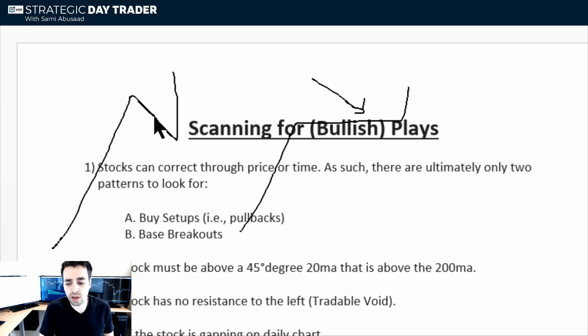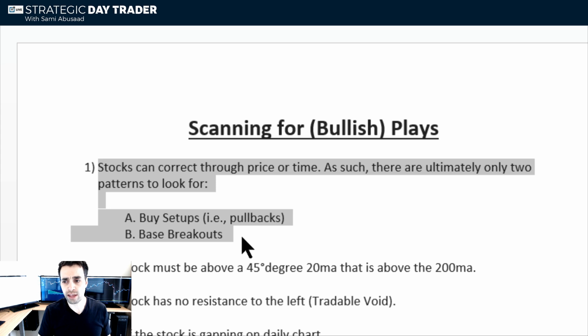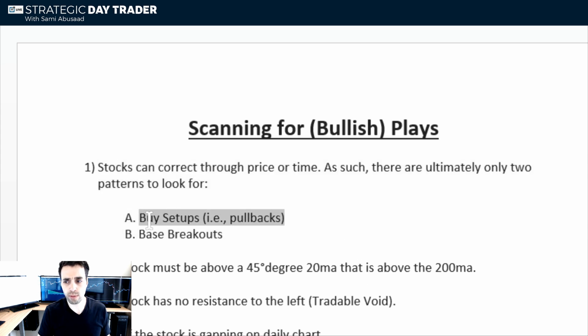In the case of a pullback, it's not as important for it to be a high momentum stock, but it's preferable that the rally that preceded that pullback be a strong, healthy rally with lots of nice big green bars. Okay, so just always understand that we can either look for pullbacks or breakouts. Everything else is a variation for the most part.